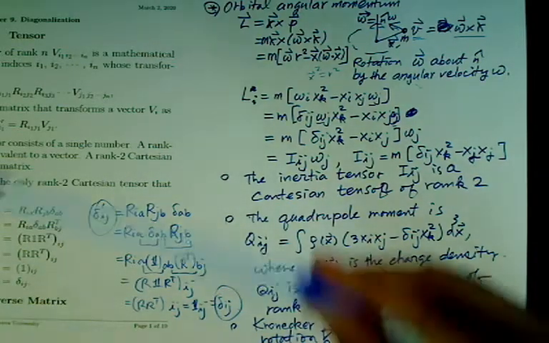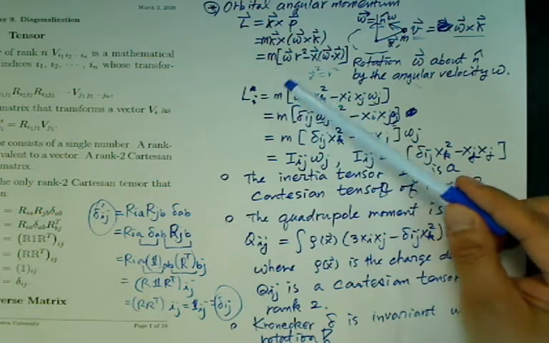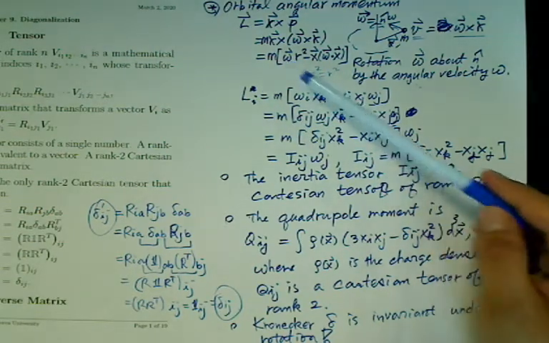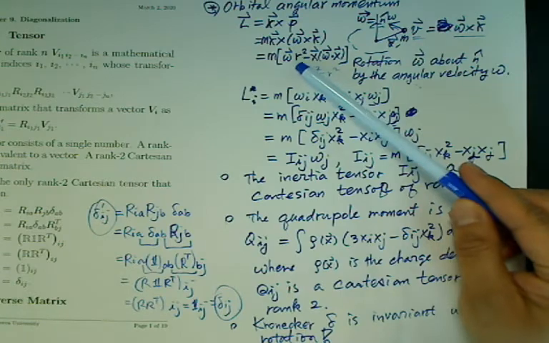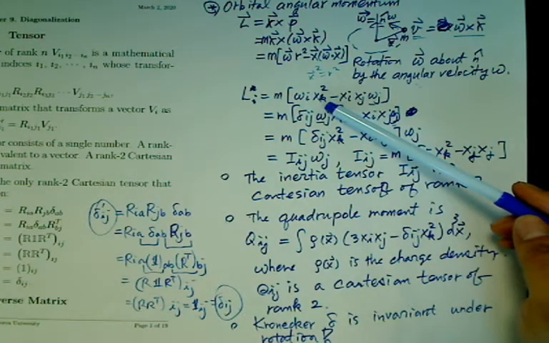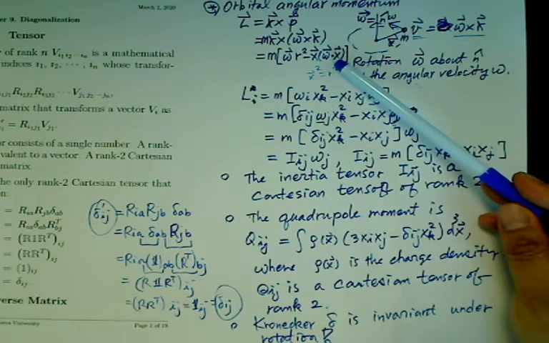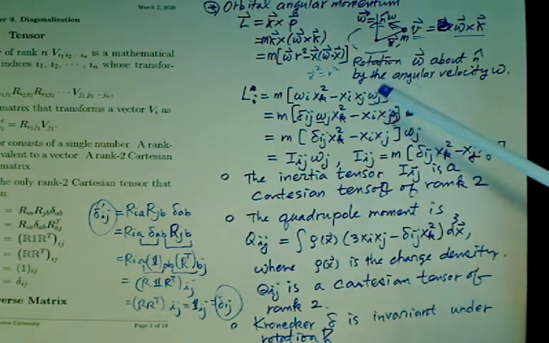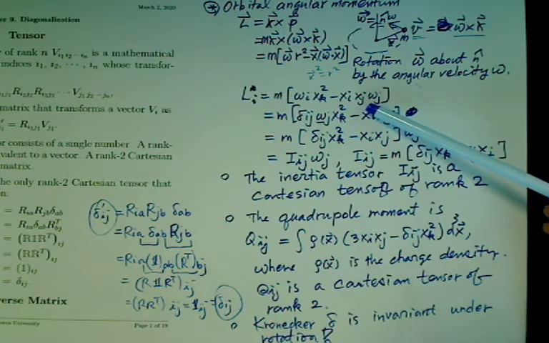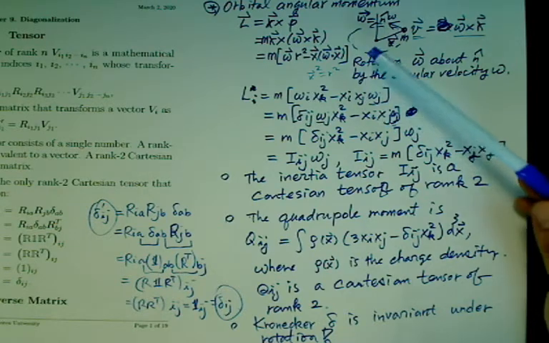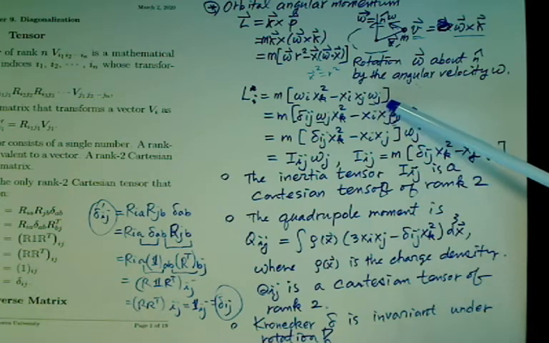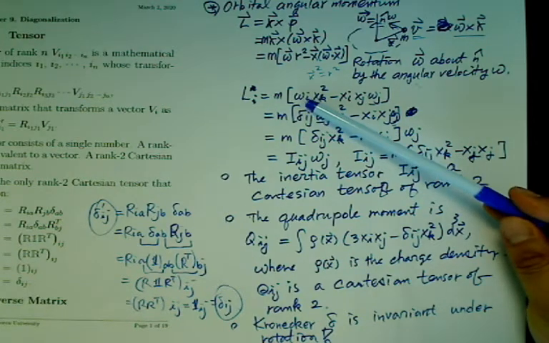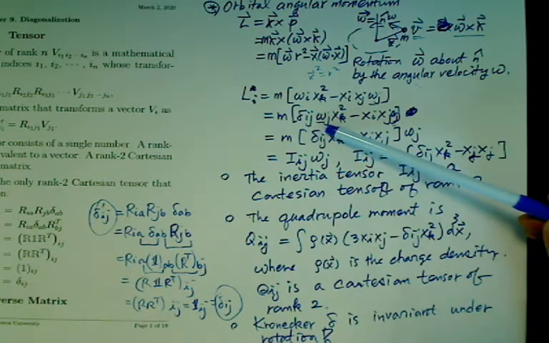The ith component of the orbital angular momentum can be written in the form of the ith component of omega and given vectors. Here r squared is replaced with x_k squared, where k is summed over. And the ith component of the second term will be minus x_i, and this is a scalar product, so we use a different dummy vector index j to express this in terms of x_j omega_j. Now omega_i can be written in a different form, delta_ij multiplied by omega_j.